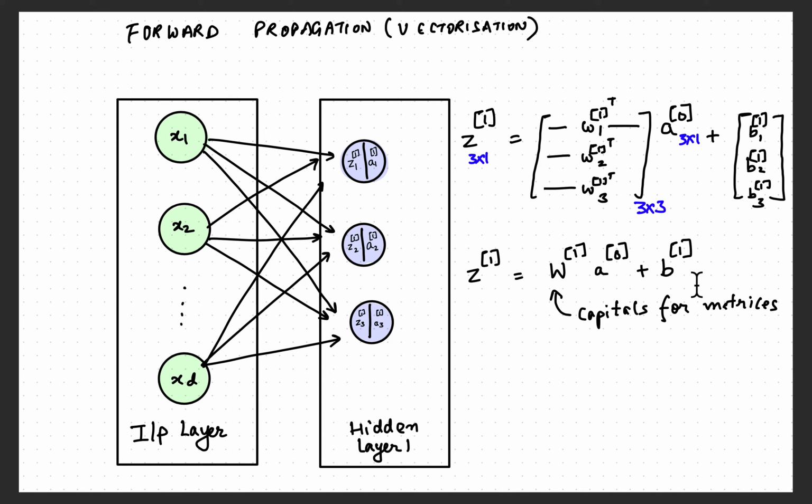Right? And then correspondingly, you can compute a simple function element-wise. So you now apply the activation function element-wise on z of 1. And then you'll correspondingly get a square bracket 1, which in the example that we're taking is a vector of dimension 3 cross 1.